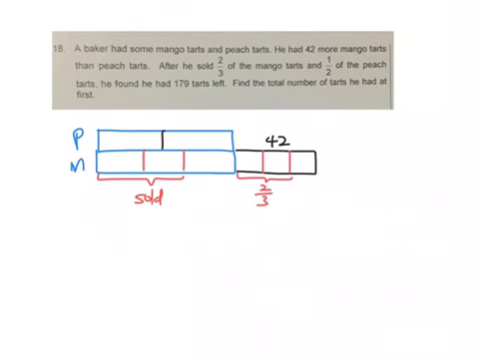But it is difficult, right? It is difficult when I look at it this way because the units are of different sizes. So what can I do? I can divide the units to make them equal, which is actually 6 units.